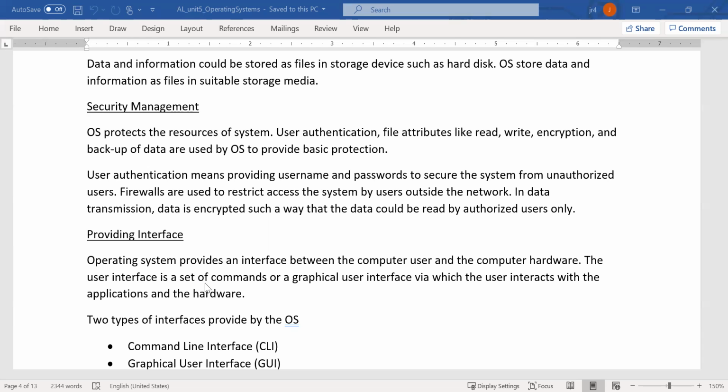Then firewalls: we know that when we connect to the internet, other persons may come into our network system. If they are not authorized, we should block them. So the incoming connections coming from outside should be carefully looked at by software like firewalls.